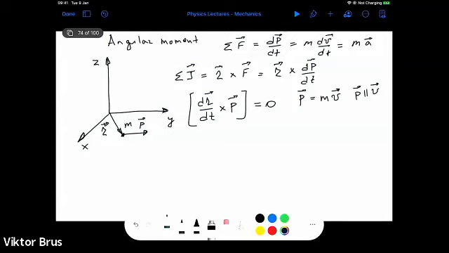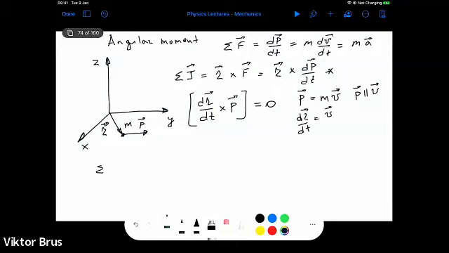And dr over dt is nothing else but linear velocity. So this is linear velocity first, and this is linear momentum second. The cross product of two parallel vectors is equal to 0. So that's why we can add it to the right side of this equation, and we will get the following.